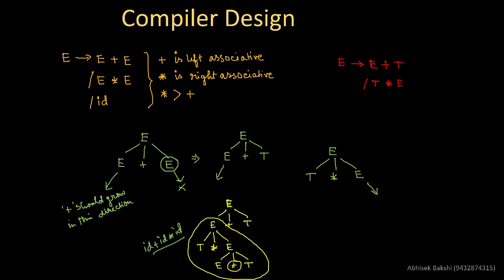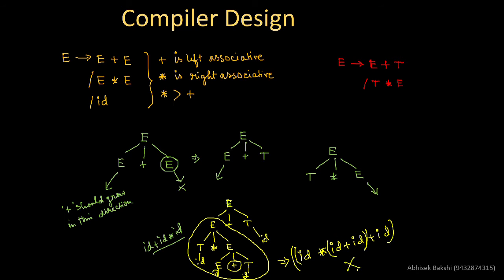That means the formula can generate ID, ID, ID. Say for example, just for the time being, T to ID. That means it is generating a situation like ID star ID plus ID. And this one acts first, then the next plus, that means the addition.